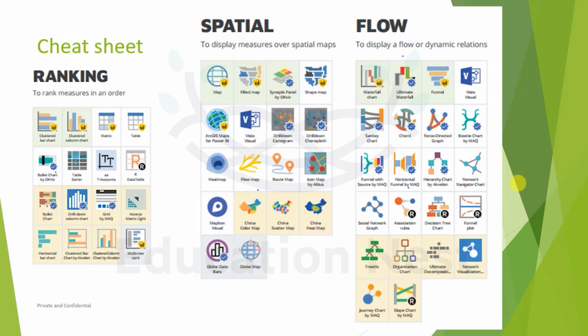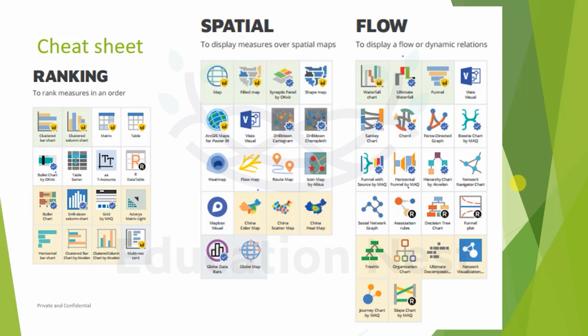Then there is a bow tie chart when you have certain sets going into another bucket. A funnel chart with an MAQ, horizontal funnel by MAQ, hierarchy chart by Elevation, and a social network graph showing who knows whom. So it's like a link as well as a stage-based flow which you want to represent.